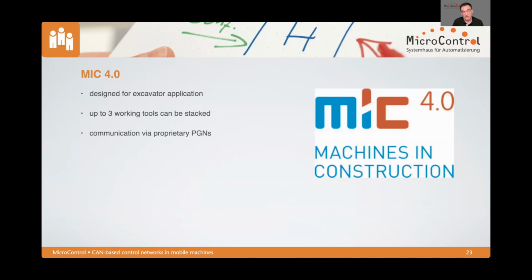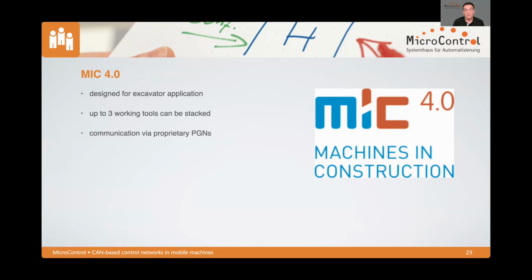Also, what Holger has already mentioned is the MIG 4.0 standard, which has been now introduced during the Bauma. It is specifically designed for excavator applications, and you can stack up to 3 working tools to your excavator. The problem here, again, that I see is when I look at the specification, everything has been done via proprietary PGNs.